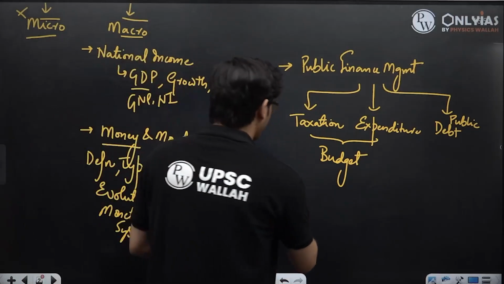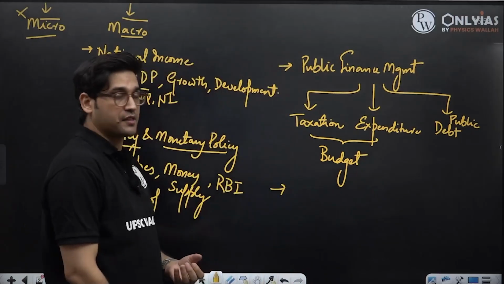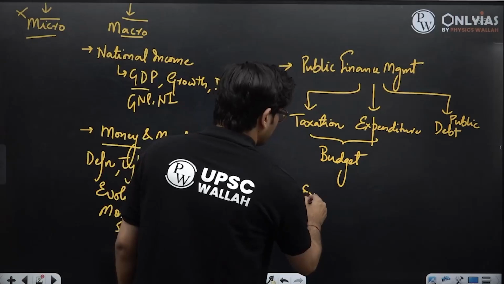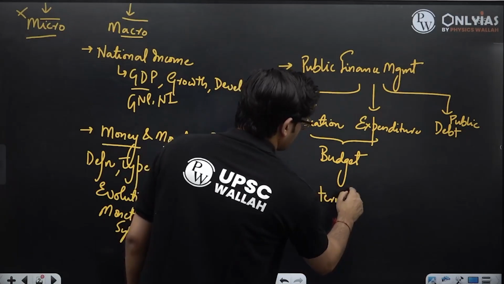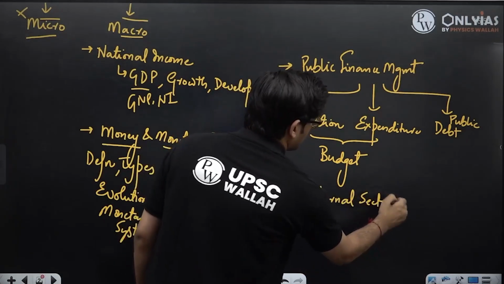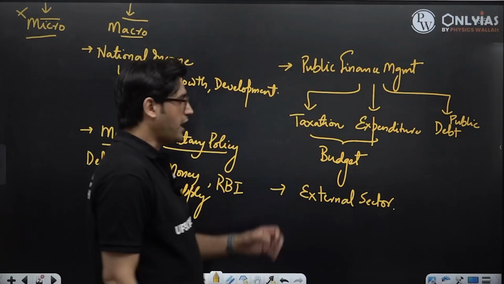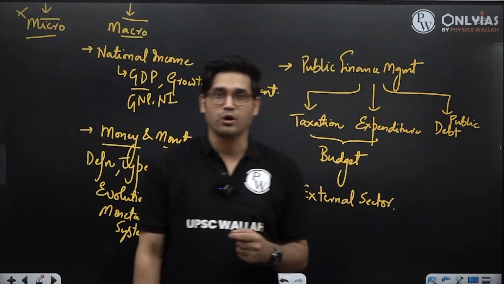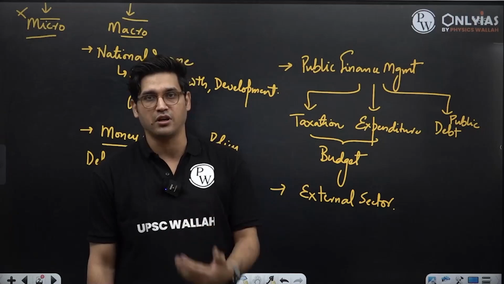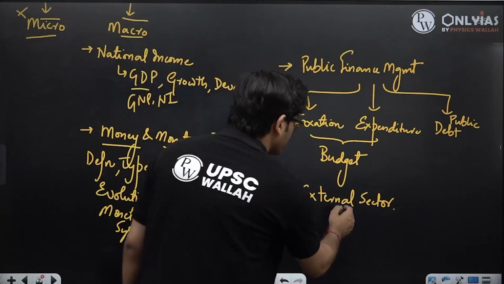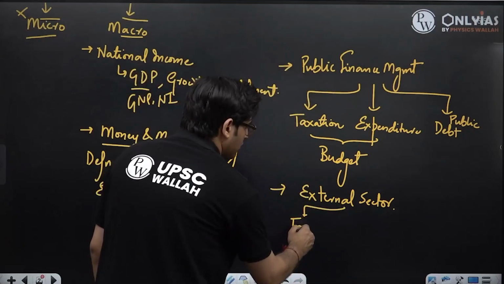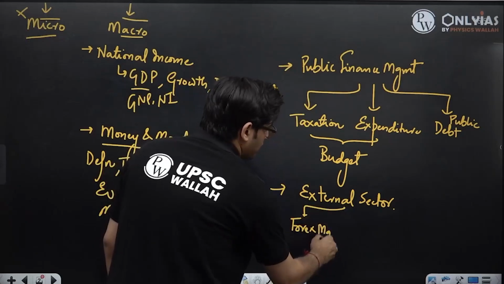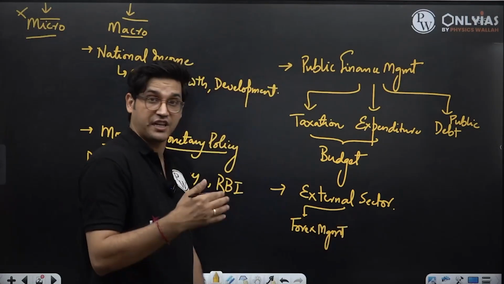Following public finance management, we will also have to discuss what is called the external sector. In external sector, we will have to talk about some very, very important concepts, especially from the perspective of what is called forex management or foreign exchange management.